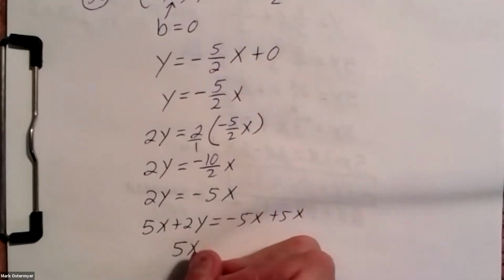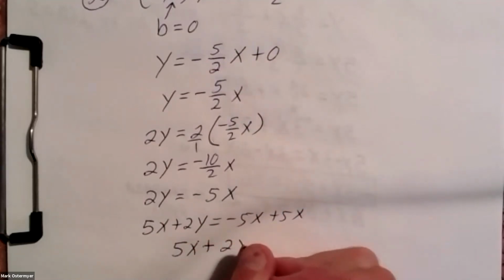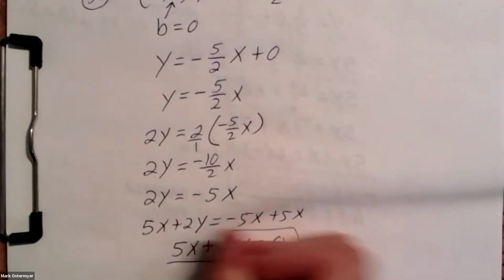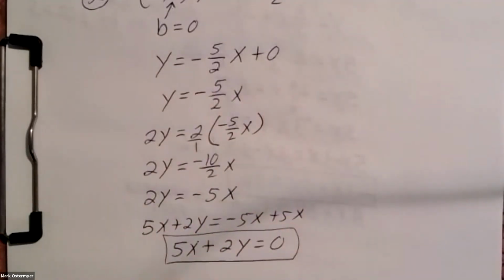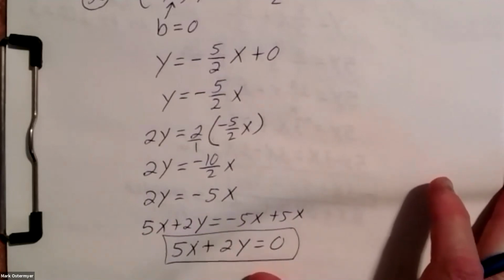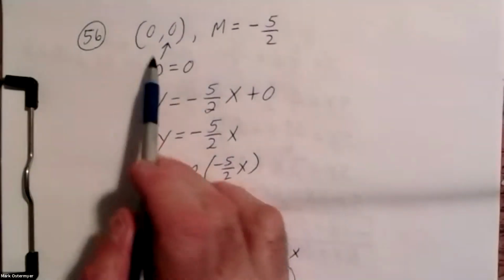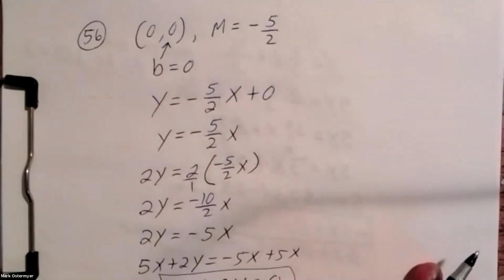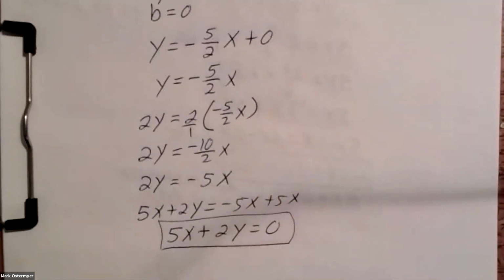And you get your equation in standard form. So 5x plus 2y is equal to what? 0. That's your equation in standard form. So that was a very easy problem. It's an easy problem because the point they gave you is a y-intercept. It's when it's not a y-intercept that you have to do all that work.